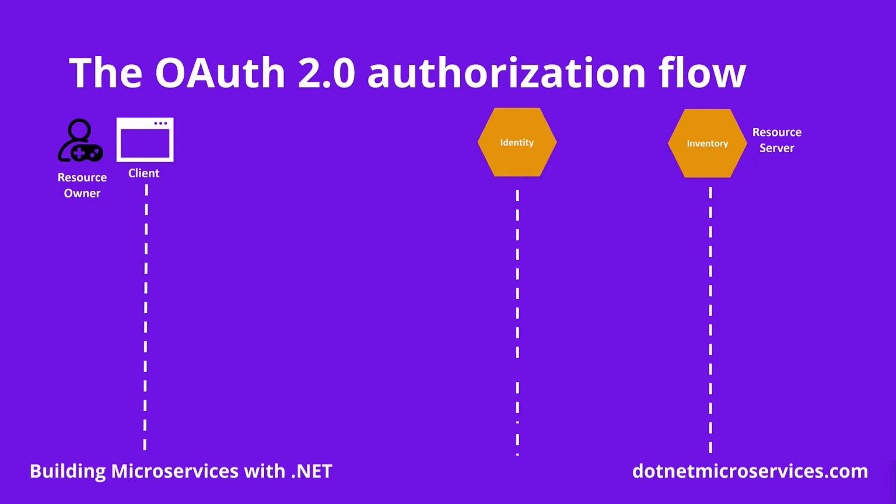The client is the application that wants access to perform actions on protected resources on behalf of the resource owner. This would be our game client, our web front end, and even the Postman app when doing local testing. And the authorization server is the server capable of authorizing the client to get access to the protected resources after authenticating the resource owner. This is our identity microservice.